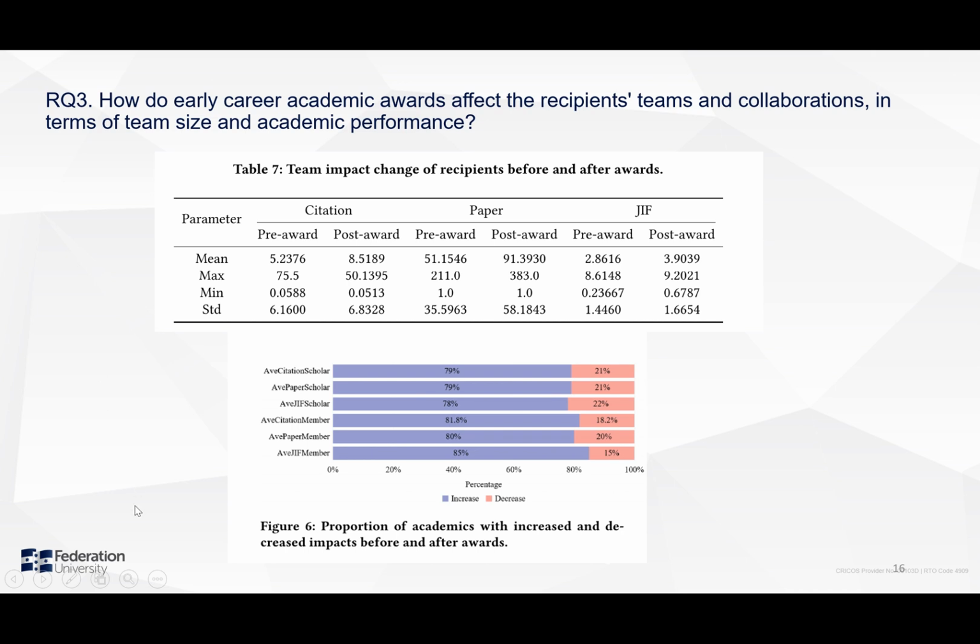Figure 6 shows the proportion of academics whose parameters increase or decrease. The first 3 rows show the number of awardees, the next 3 rows refer to their team members. In summary, receiving an award has a positive impact on most recipients and their collaborators.